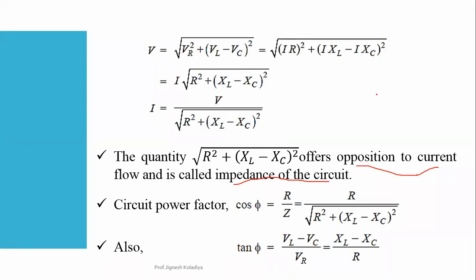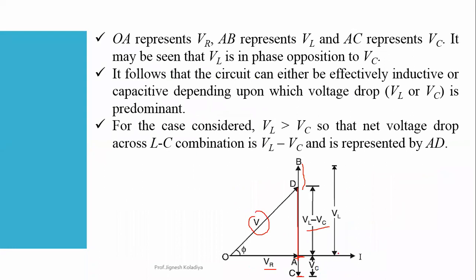So based on the variation of the reactance, your power factor is also changed, and the angle is also going to change. So you can see the circuit power factor is now again given by R upon Z. So Z is changed, it is the square root of R squared plus (XL minus XC) whole squared. Also, tan phi, from this circuit you can write, is (VL minus VC) upon VR.